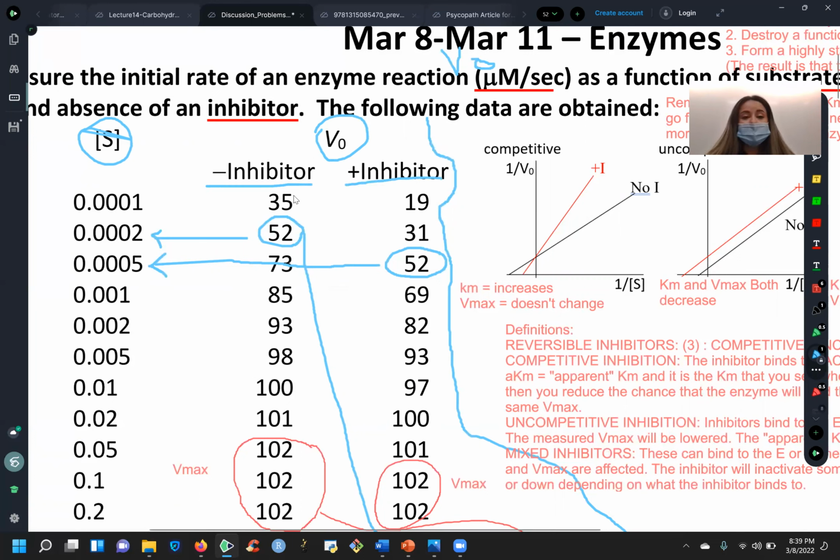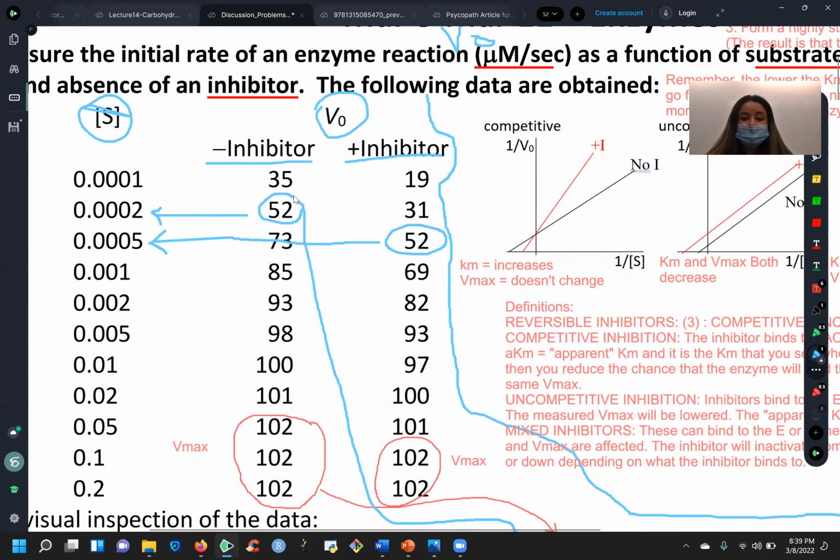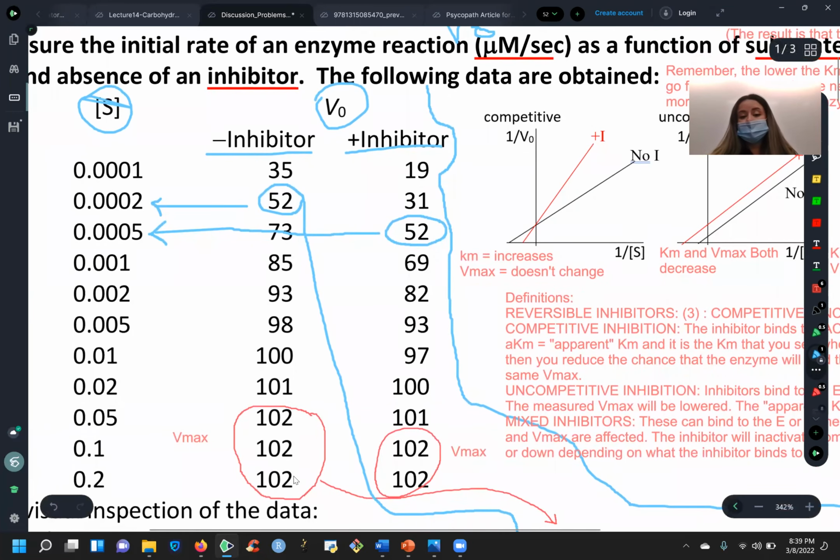So now, they want us to find the Vmax with no inhibitor. Well, that's easy. Vmax is maximum velocity, bam, 102. Is that easy? All right, let's find the Vmax with the inhibitor. You just go to the highest, bam, it's still 102. So the Vmax does not change for this type of inhibitor.